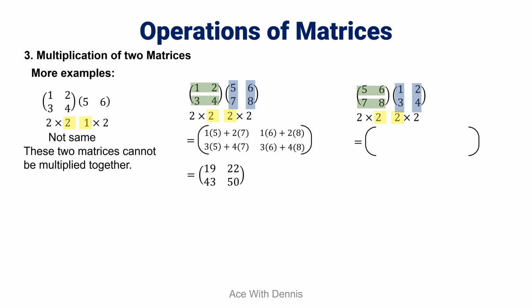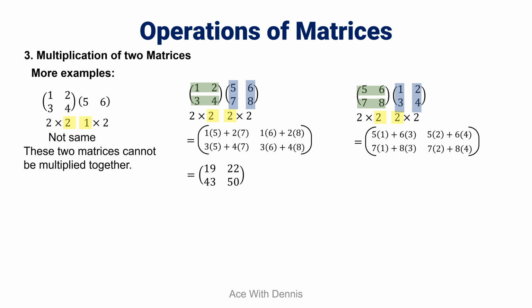Alright, and now we can start to multiply them together. So the first element for the product will be 5 times 1 plus 6 times 3. The next element of the product will be 5 times 2 plus 6 times 4. Next, the element will be 7 times 1 plus 8 times 3.